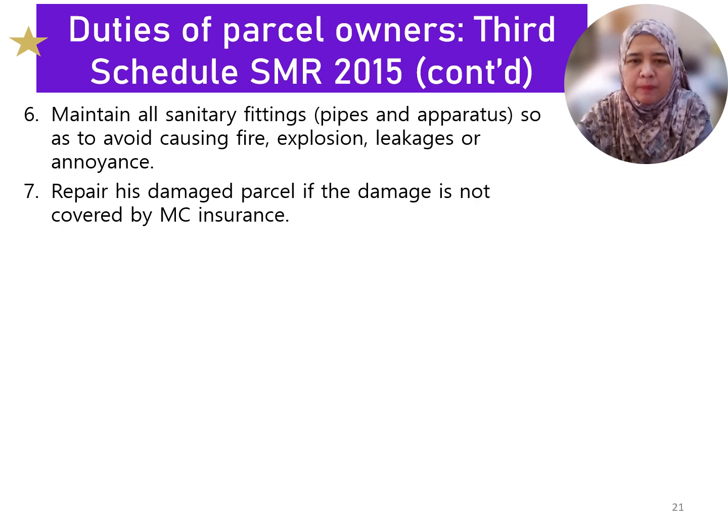Now, repair his damaged parcel if the damage is not covered by the MC insurance, the management corporation insurance or management body insurance. Say if there is a small fire, or other examples, all kinds of damage can happen but fire is the most common one.